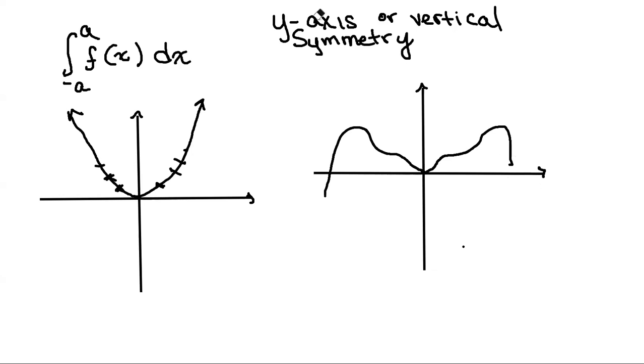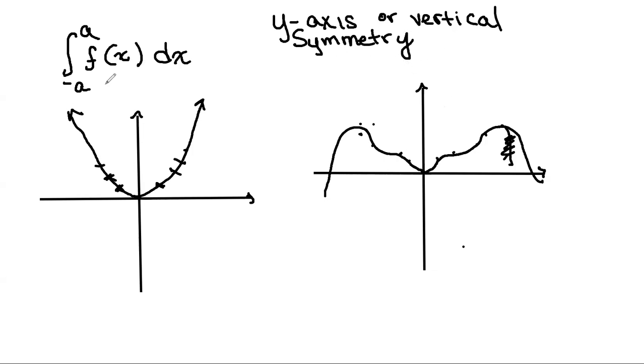Let's make it look a little bit better, and I can't erase this right here, so just deal with that. If each of these are the same distance on each side of the y-axis, then that would be vertical symmetry.